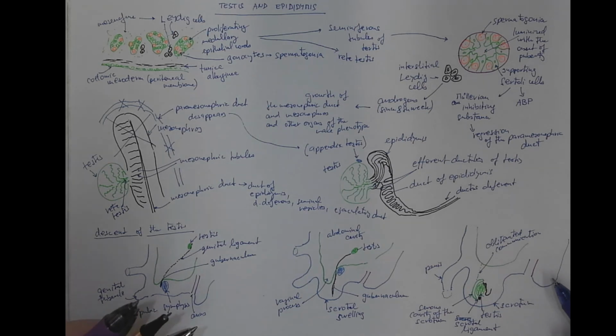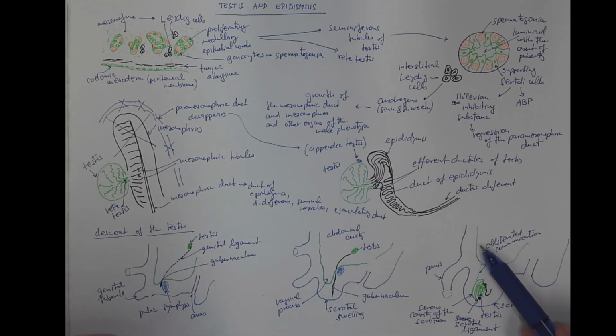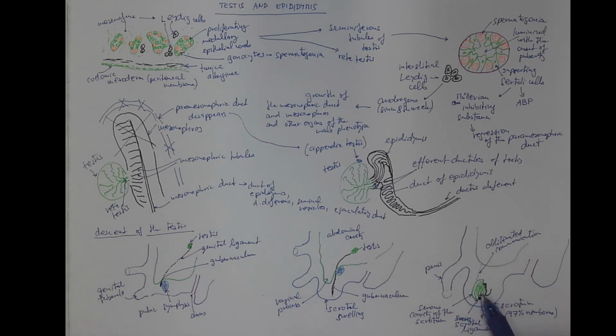All the other coverings of testis are also derived from the abdominal wall, including the skeletal muscle and all the fascia, etc. So the presence of the testis, as I said, is checked, and in 97% of full-term newborns, it's there. If not, it needs to be definitely found where it is, whether in the inguinal canal or did it remain stuck in the abdominal cavity or somewhere, because it could be a problem.